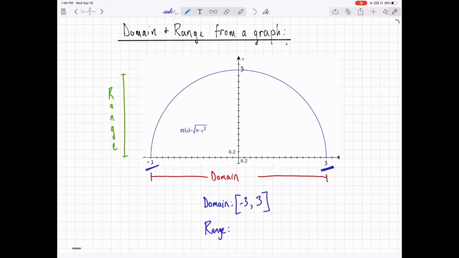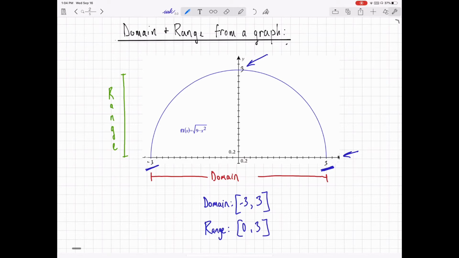And the range is going to be the lowest y value taken on up to the highest y value. So this is at the axis, that's y equals 0. And then it goes all the way up to this y value, which is 3. So from that graph, the domain and range is pretty simple.